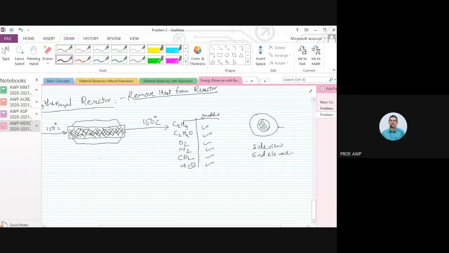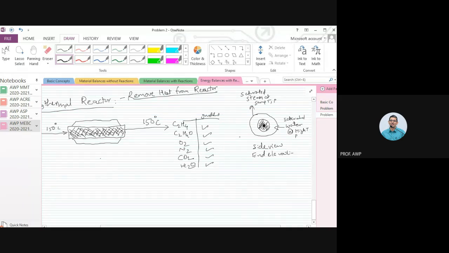So I supply saturated water at high temperature and pressure, and I get saturated steam at high temperature and pressure, same temperature and pressure. And if you imagine that your reactants are entering through this inside tube, they are going into the plane of the screen and coming out from the other side of the screen.